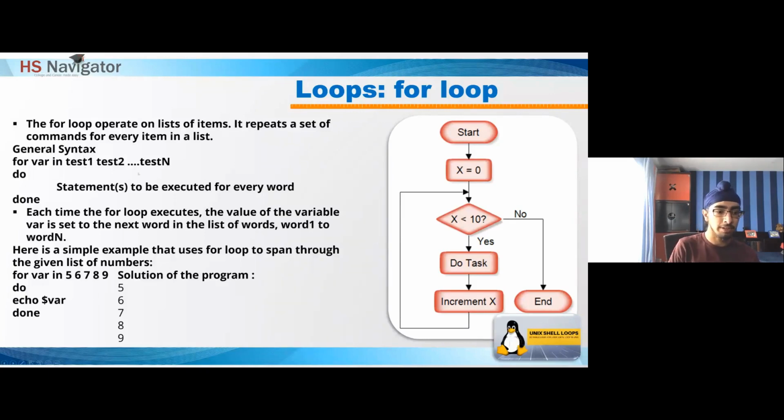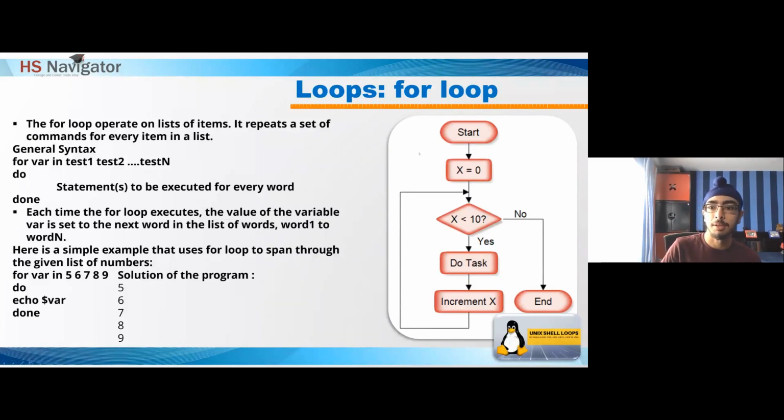It goes through each one: echo potato, echo tomato, echo salad, echo chicken. It iterates over each item in the list and prints that word, and then automatically moves on to the next one in the list once this is done.